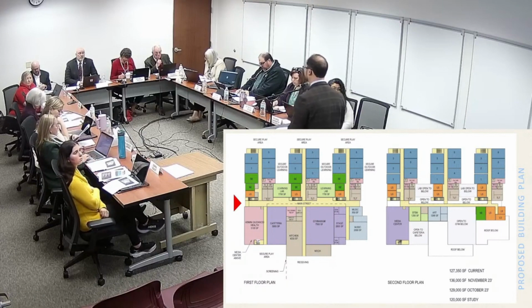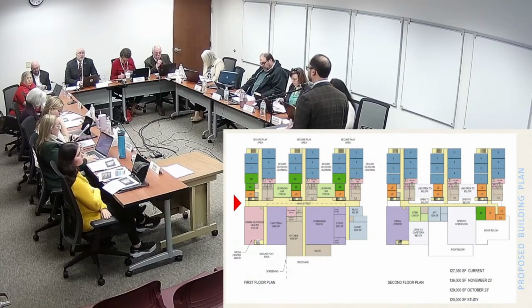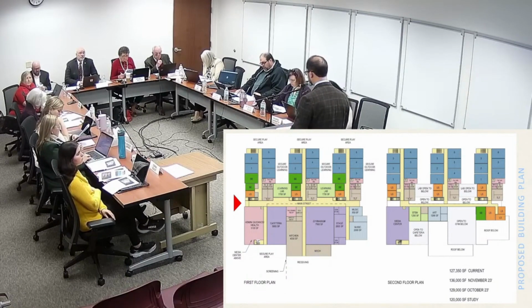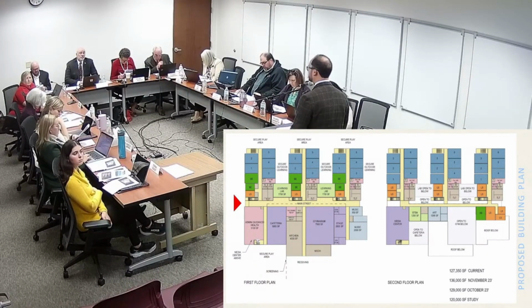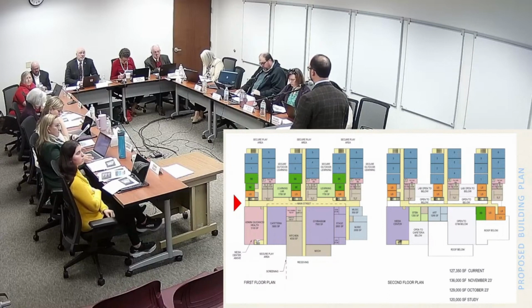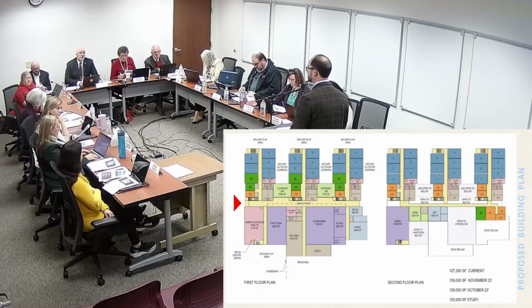Now, through making these moves, and in addition eliminating the health classroom, since it can be delivered in the classrooms and not have its own separate space, that gets us back down to 127,000 square feet, which is within a stone's throw of the educational program during the study phase.